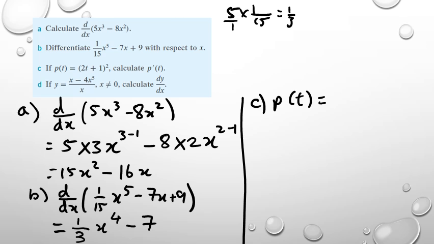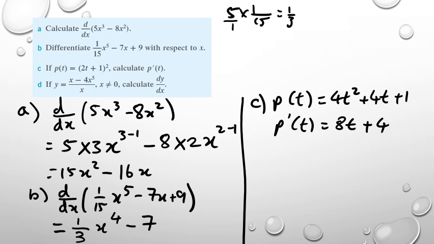I'm not going to show you yet because you need some year 12 stuff. So unfortunately we have to expand that first. So 4t squared plus 4t plus 1, then we can differentiate it. So we get 4 times 3, which is 8. That's a 4. That's a 0. Okay? So make sure you expand it first.